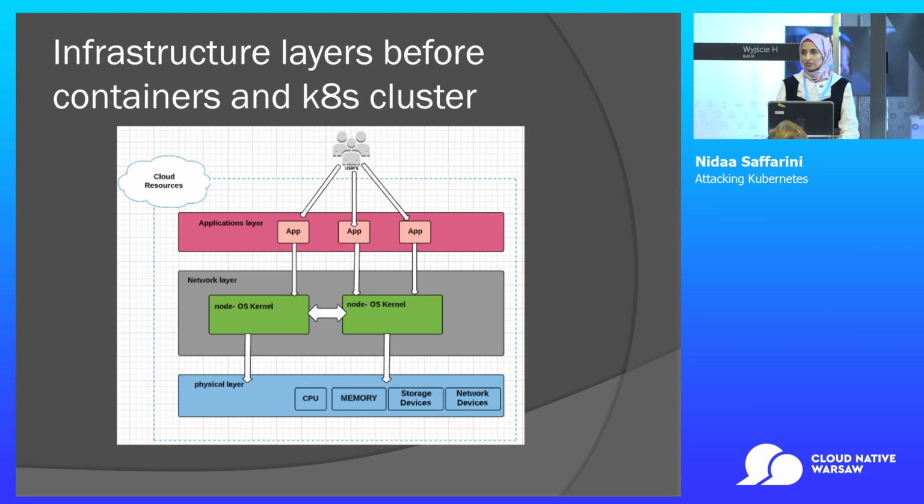The third point of view from the security side is the number of layers. In this infrastructure, we only have physical layer, network layer, application layer. User accesses the app and directly accesses the node with 3 layers.